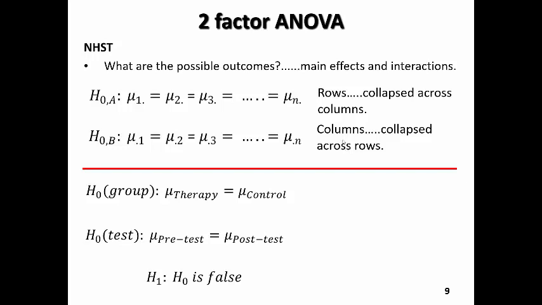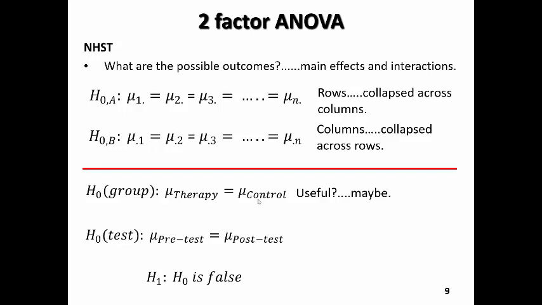Now going back to our specific example in our lecture, we go down to the first main effect, which I'm calling the group main effect. That group main effect is examining all the data collapsed for the group in the therapy condition versus the control condition. What we're seeing here with the therapy average is the average collapsed or combined across the pre-test and the post-test.